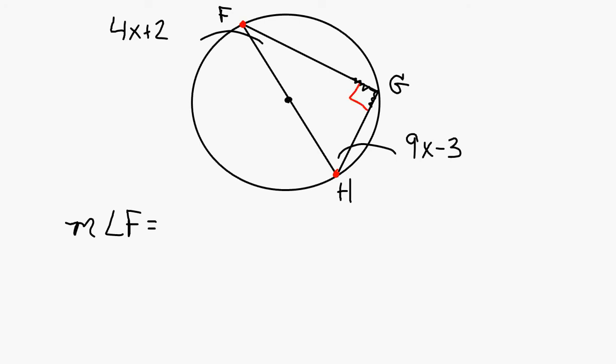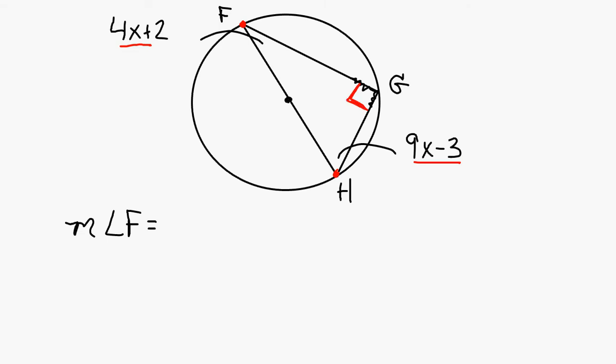And if it's a right triangle, then 4x plus 2 plus 9x minus 3 have to add up to 90 degrees. The three angles in the triangle add up to 180, but this is already 90 of it. So the acute angles in a right triangle sum 90.